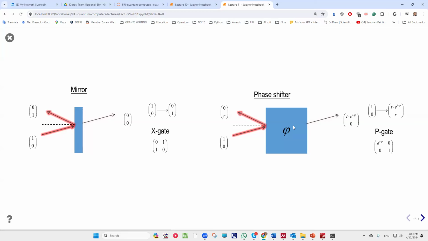The phase shifter, the P gate, right? What the P gate does is add some phase to the quantum state, to one of the basis states.